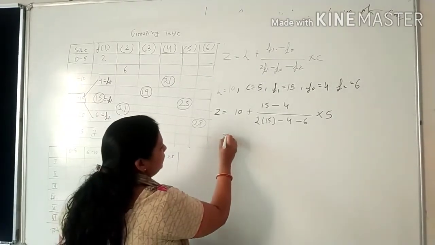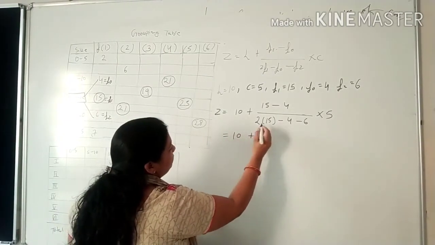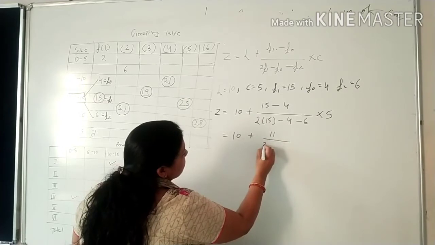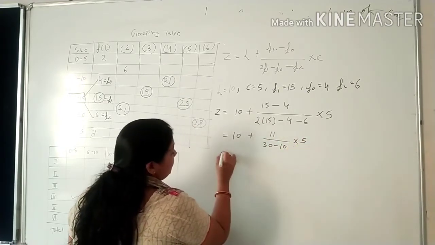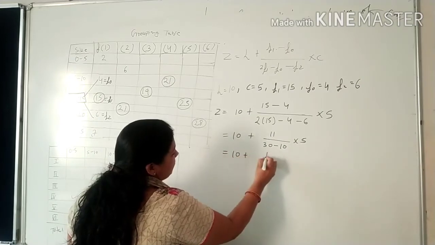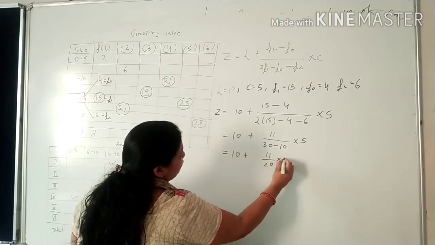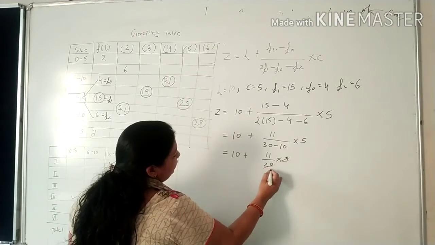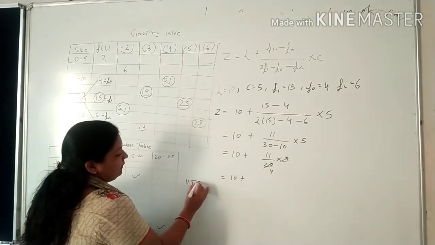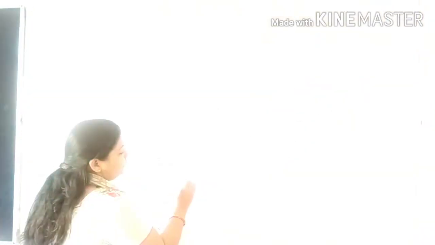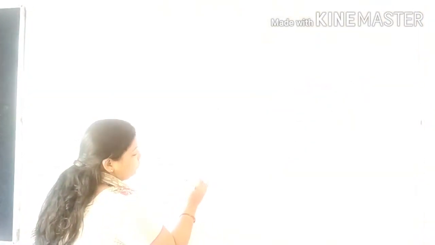Now find out the value. 10 plus 11 upon 30 minus 10, into 5. So 10 plus 11 upon 20 into 5. So 5 4s are 20. So 10 plus 11 divided by 4. 4 2s are 8.